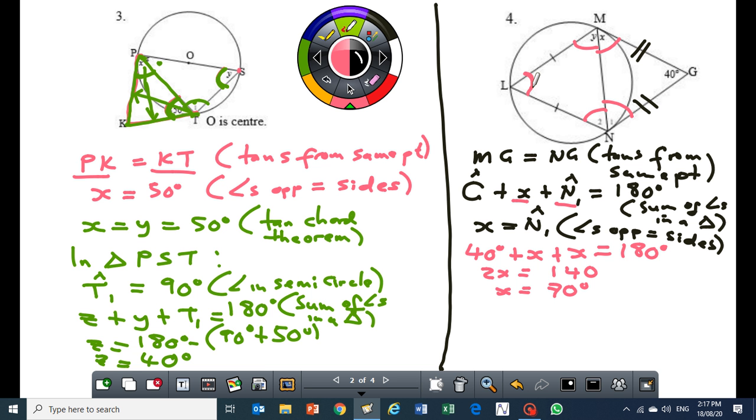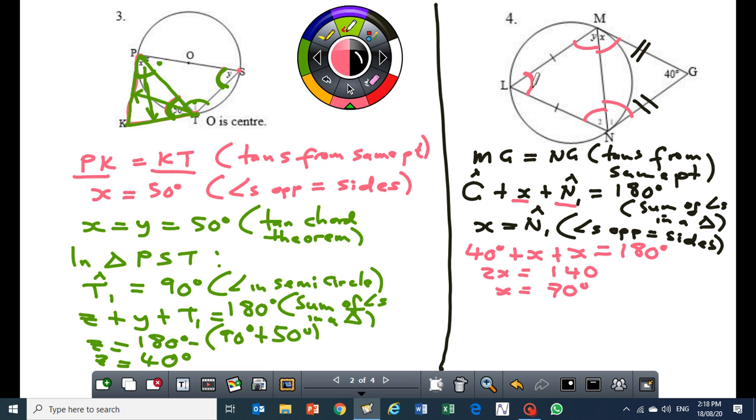Right. I want to warn you from now on. Never make an assumption that LMGN is a square or a rectangle without proving it. You have to prove it first, that it's a quadrilateral. And you have named the quadrilateral. Now that's very complex.